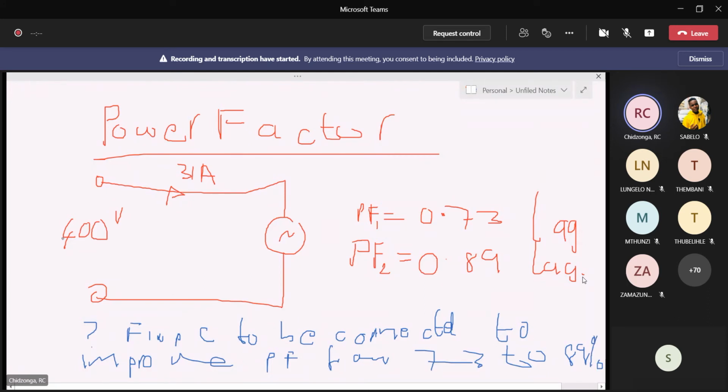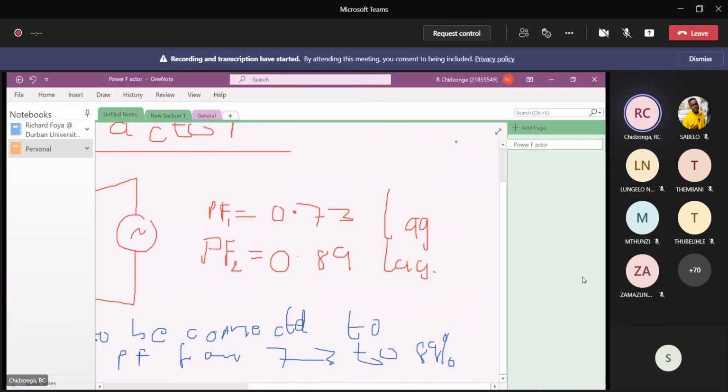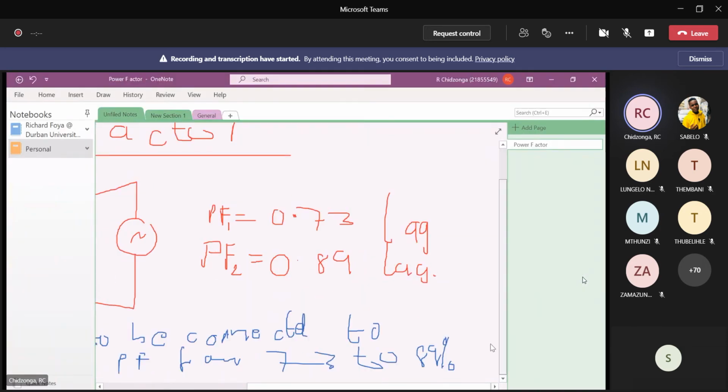So that is the question that we have. Find the capacitance to improve the power factor from 73 to 89%.